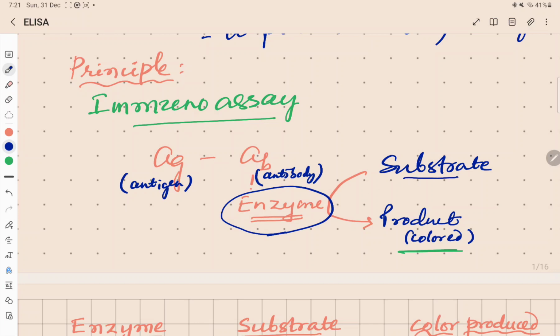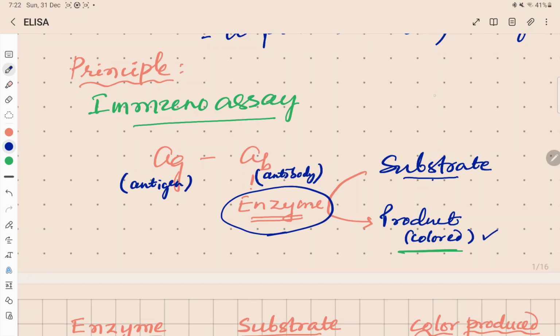When we add the substrate to the mixture of antigen and antibody, and that antibody is conjugated with enzyme, the substrate will be converted to a colored product. So there will be a change in color. If there is a change in color, that means the antibody conjugated with the enzyme is binding with the antigen, which means the antigen is present.